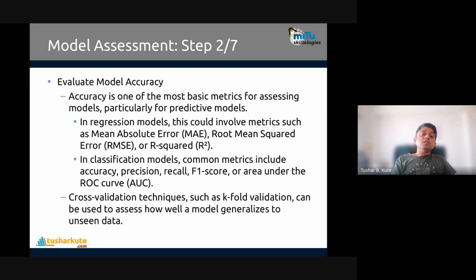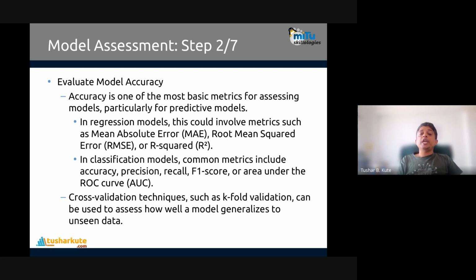Or if you talk about the classification model, the common metrics used for assessment are accuracy, meaning what percentage of results are matching and what percentage are not matching. Results matching is called the accuracy of the model. Then precision, recall, F1 score. I hope you may have heard about these terms in machine learning.